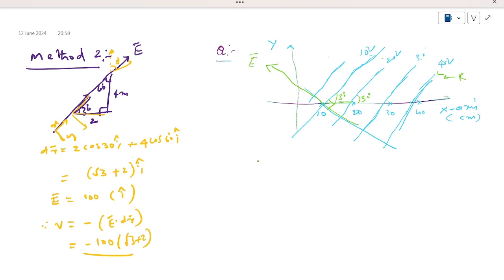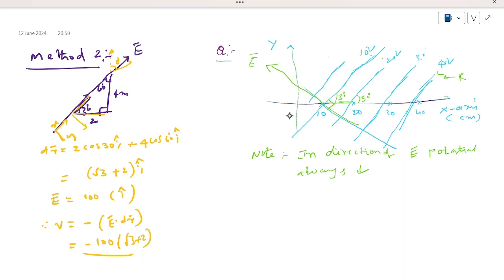So here a point to note: in the direction of electric field, potential always decreases. This is the very important note.